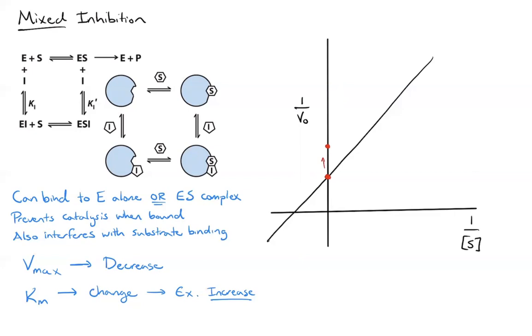For my example here, this is probably the more common case that we often see. Again, for this specific example I used, I am saying that Km is increasing here. And this was similar to what we saw with our competitive inhibitor case, where our x-intercept is going to shift to the right a little bit. And if I draw a line through those 2 points, I get my new curve for my Lineweaver-Burk plot here.